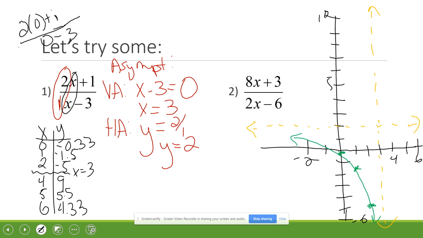I think the confusing part sometimes here is to make sure that your graph, the curve, comes up to the asymptote rather than the y-axis that we see. Then over on the right side, I have 4, 9, 5, 5.5, and 6, 4.33. So we're about there.